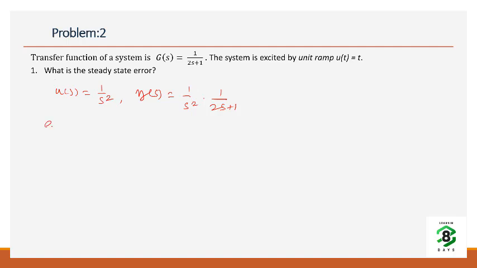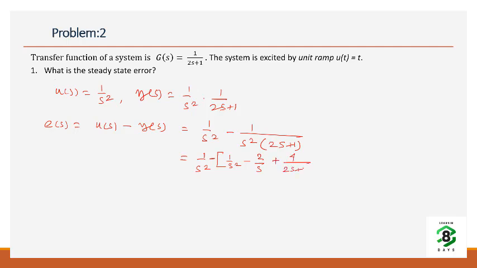Okay, now steady state error, first of all error signal is defined as Us minus Ys, which is 1 by s square minus 1 by s square into 2s plus 1. This part we can simplify as 1 by s square minus 2 by s plus 4 by 2s plus 1.